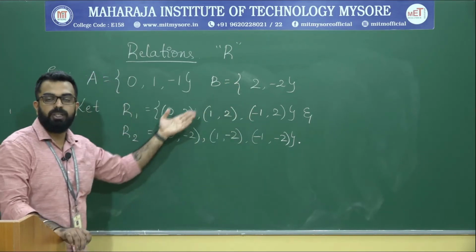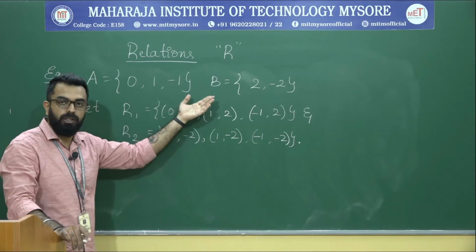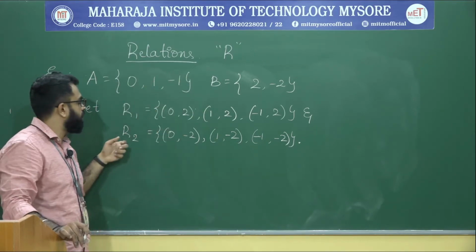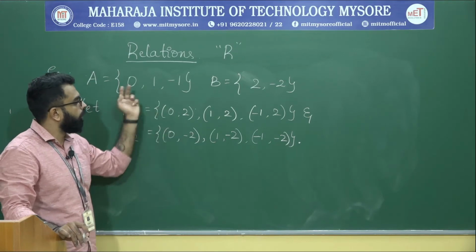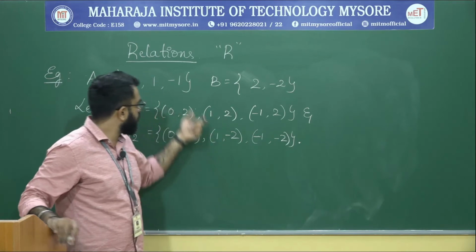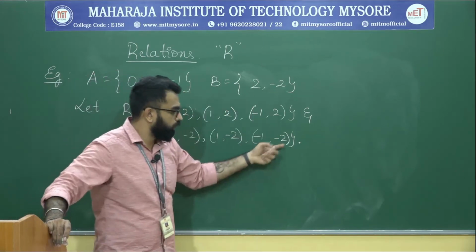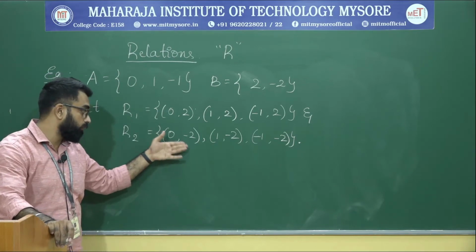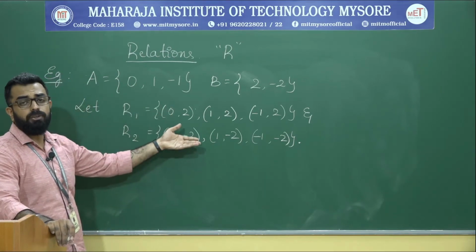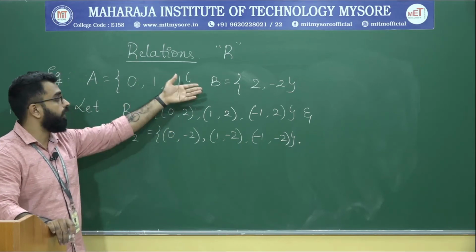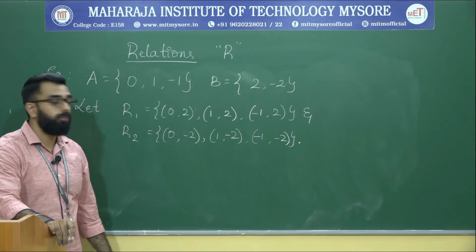So R1 is a subset of A cross B, and R1 is a relation on sets A and B. Similarly, check R2: 0, minus 2, yes, accepted. 1, minus 2, accepted. Minus 1, minus 2, fine. So R2 is also a subset of A cross B, and R2 is a relation defined on sets A and B.